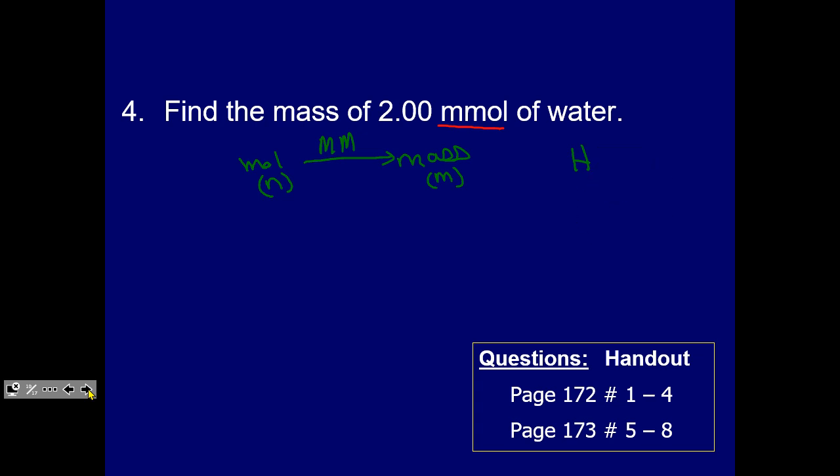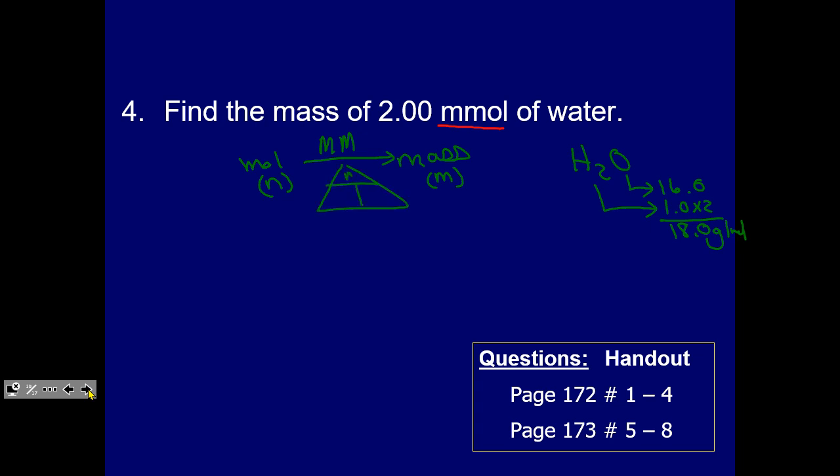Now, water is one of those substances that we are going to see over and over again, and you might already know the molar mass of water. If you do, you can just write it straight down. 16 plus 2. It's always 18 grams per mole.